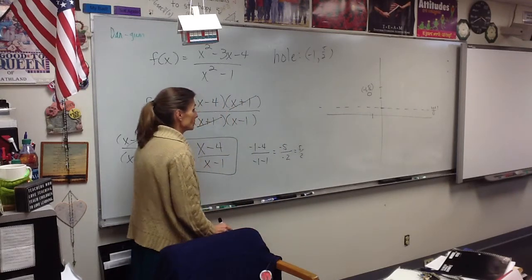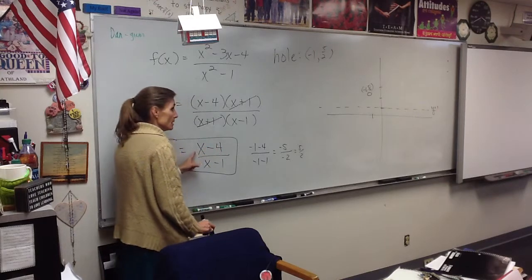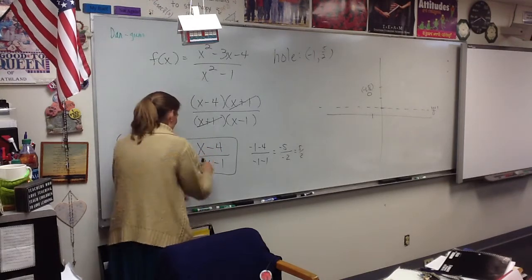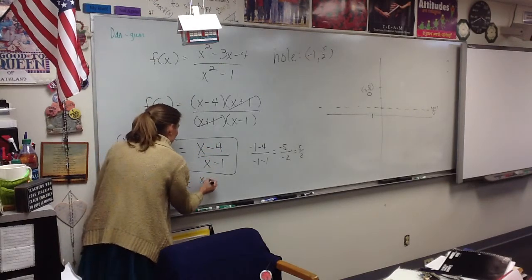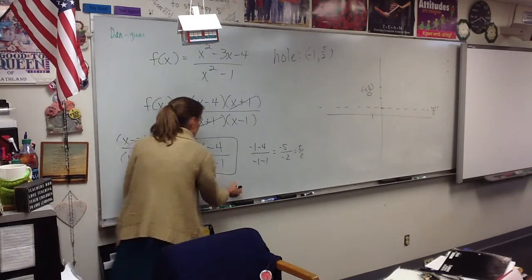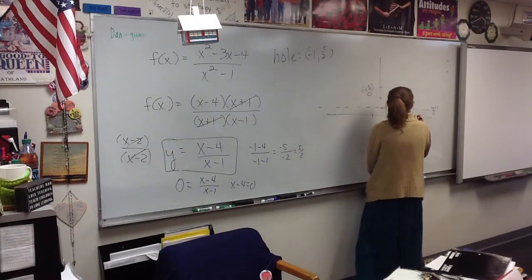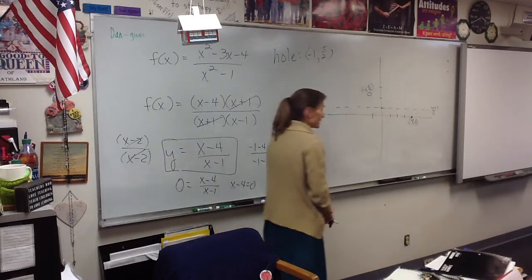X-intercepts at 4. Okay, there's only one x-intercept. We're going to set this problem right here equal to 0. I bring this over, it says x minus 4 equals 0, so we have an x-intercept at 4. You're exactly right.